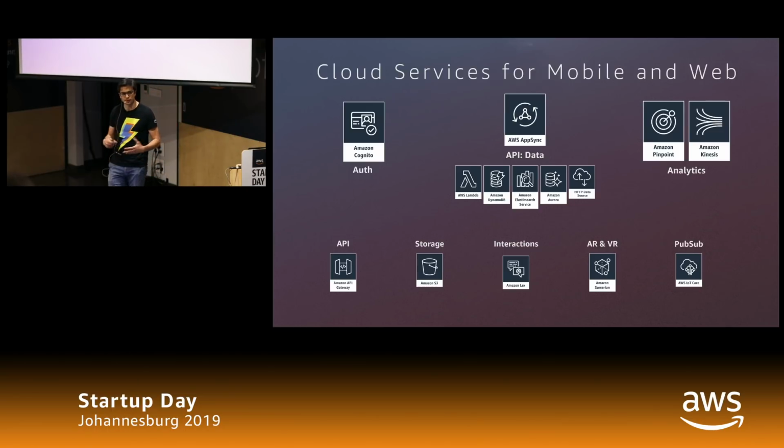We touched on them before, but Lambda, DynamoDB, relational database services, or the HTTP endpoints. And then when you're starting to build this, you want to be able to understand what your users are doing. So Pinpoint is a way of sending targeted notifications to users because it understands what your users are doing. And then Amazon Kinesis is a way to be able to ingest all that information that comes from your users, and then you can act on it in any way that you like.